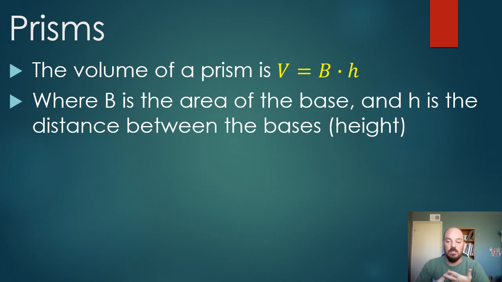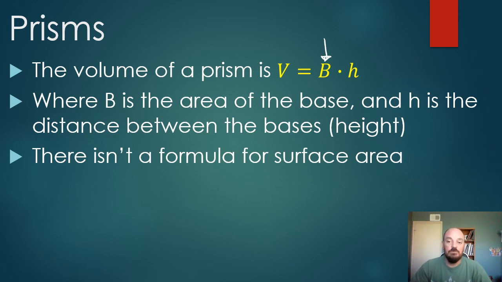If the base is a rectangle, we use length times width. If the base is a hexagon or a pentagon, it becomes a much more complex question. So depending on what the base is, this right here is going to be different in each problem. Capital B means the area of the base, but then you just multiply it by the height, which is the distance between the two bases.